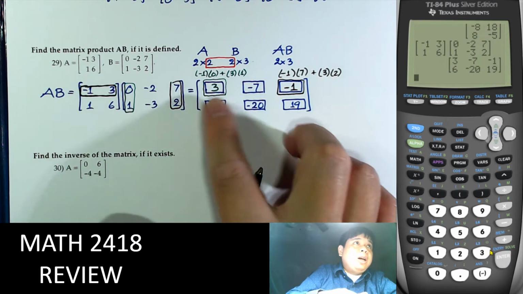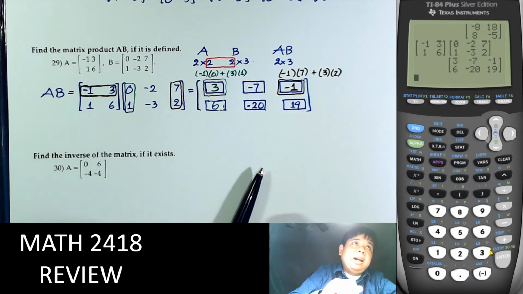Right. 3, negative 7, negative 1, 6, negative 20, and 19. So that's good.